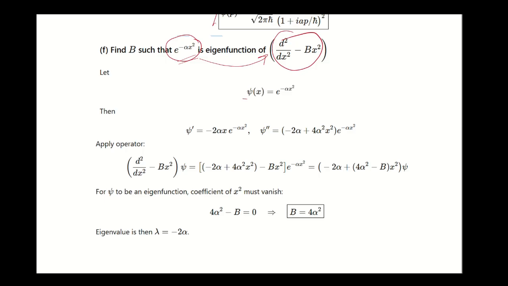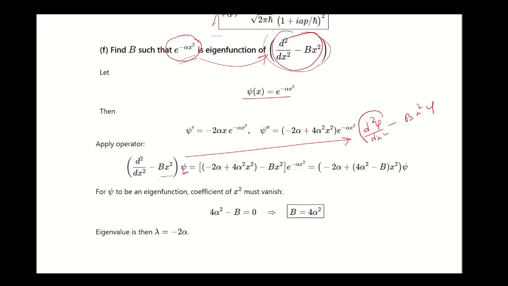Psi of x is this. We can directly operate this operator on this wave function. So d2/dx2 minus b x squared on psi becomes d2 psi/dx2 minus b x squared psi.